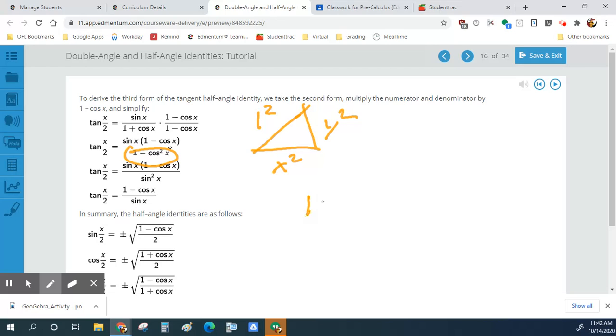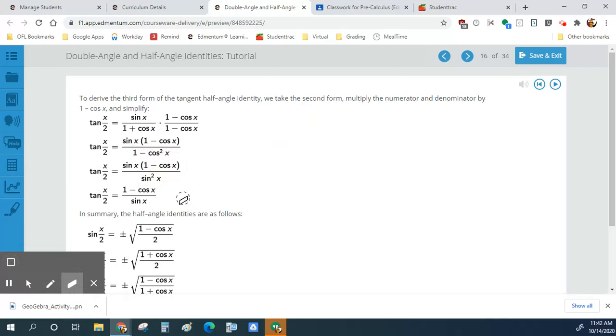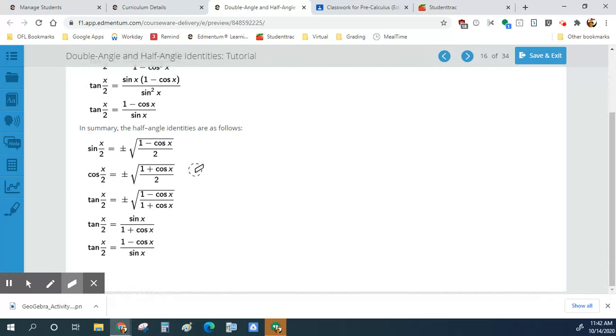So if we do 1 minus x squared, we're going to get that y squared. And y is the sine. So by multiplying by the bottom, we're going to end up getting this. And on top, we end up getting this part right here. Is this making sense so far, guys?